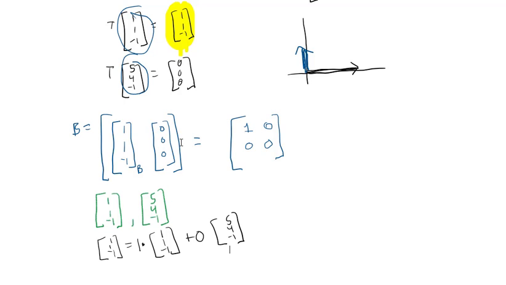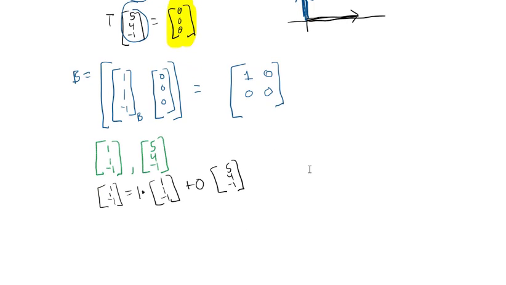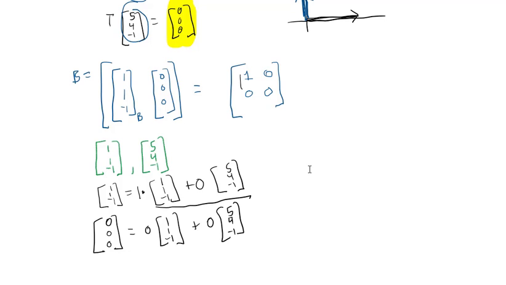For the transformation of the second basis vector, we got 0, 0, 0, which is 0 times our first basis vector plus 0 times our second basis vector. So when we write our transformation matrix, we've got 1, 0, and 0, 0.